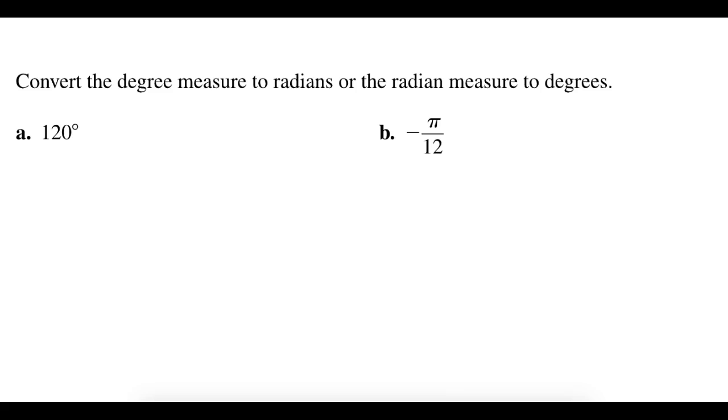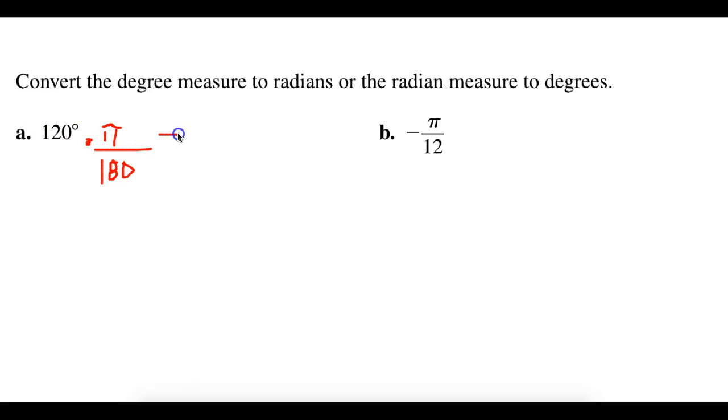So let's go back and look at these problems. Convert the degree measure to radians. We're going to go from 120 degrees to a measure in radians. To do that, we simply take 120 and multiply it by pi radians over 180 degrees. We can simplify this fraction.